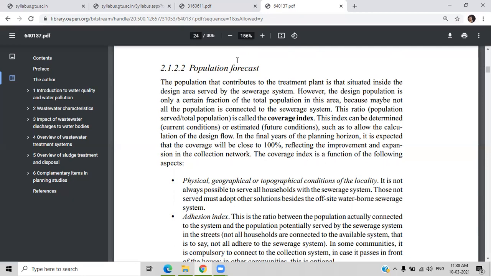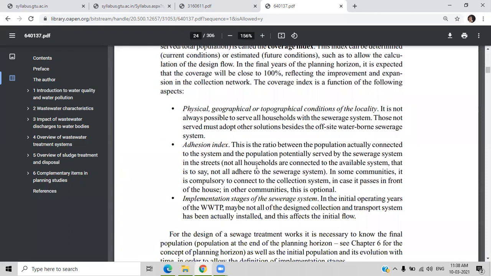In some communities, it is compulsory to connect to the collection system in case it passes in front of the house. In other communities, this is optional. So this is the adhesion index.